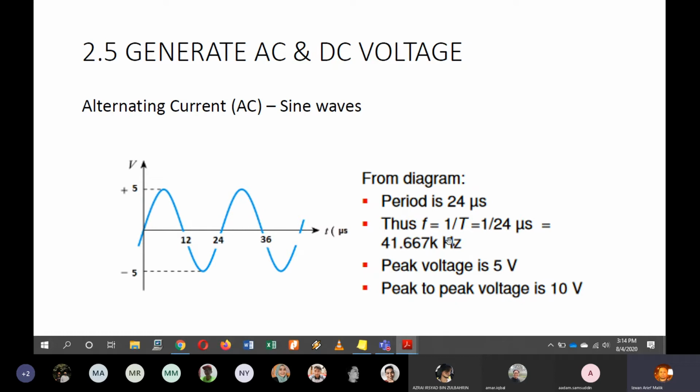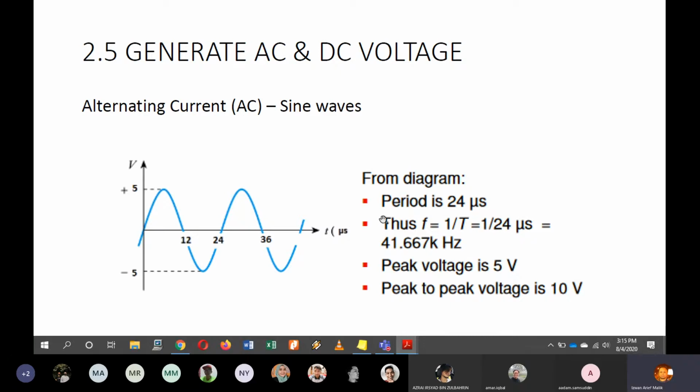So that is your frequency for this waveform. So the peak voltage is 5 volt, and then the negative voltage is also 5 volt as well. So the V peak to peak is from 5 until negative 5, which is 10 volt.